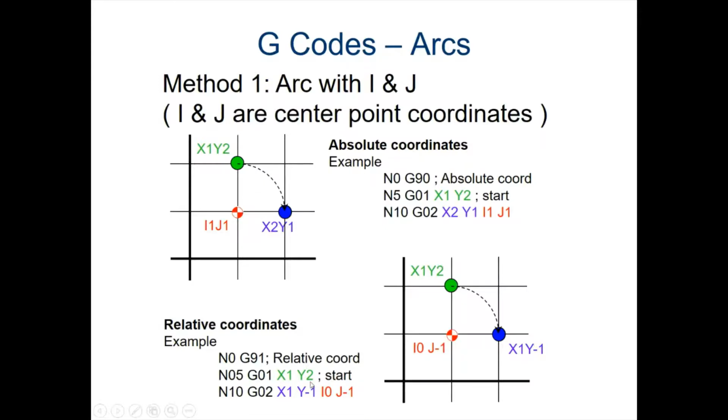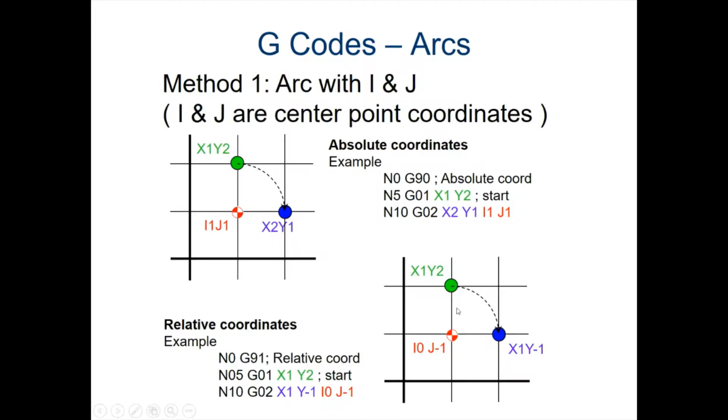What I need to do my arc then is say how far from where I am now I need to go to get to my final position. So in this case, I need to go over 1 and down 1. So I'm going X1, Y-1. Y is -1 because we're going down 1 unit. So over 1, down 1. And then same thing with our center point. When we do relative coordinates, it's relative to where our starting position is.